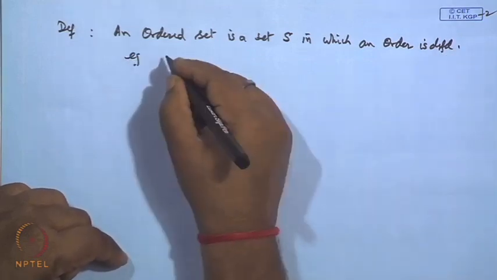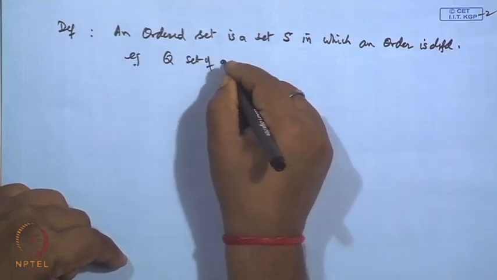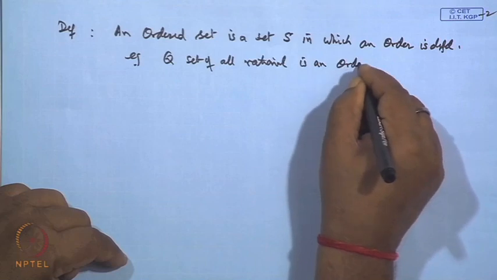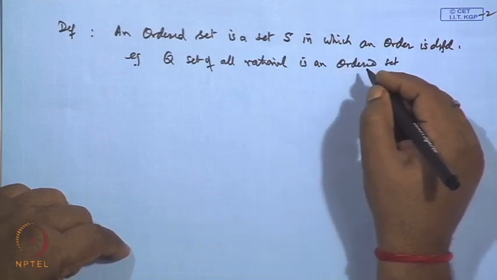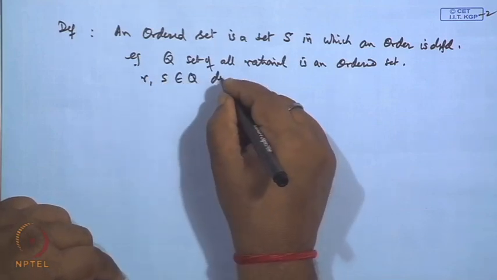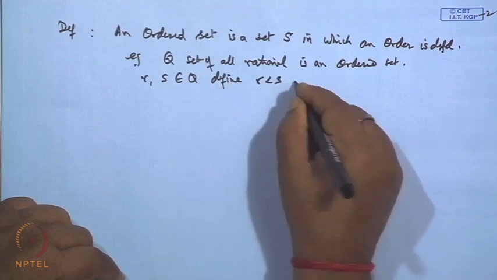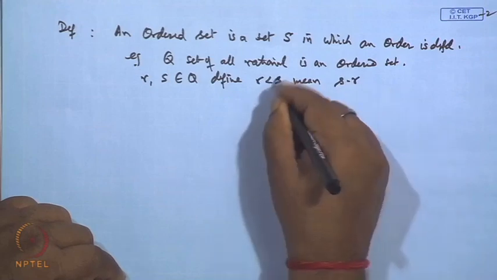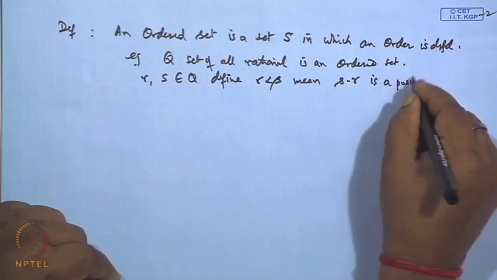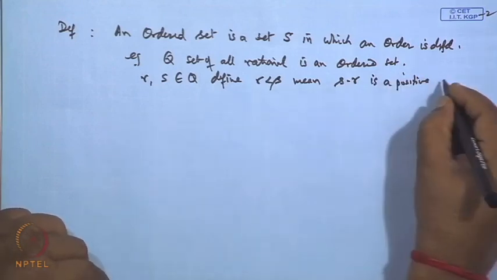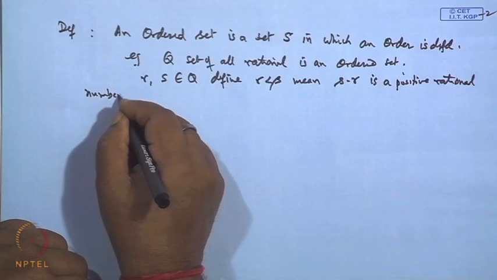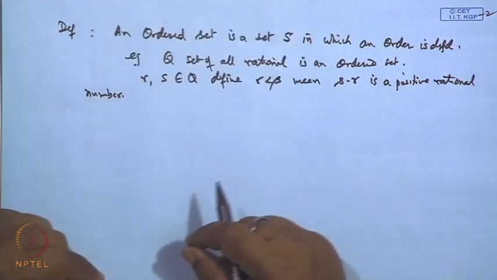For example, the set of all rational numbers is an ordered set, because if we take r and s, suppose these are two rational numbers, and define the relation r is less than s to mean s minus r is a positive rational number, then obviously it will satisfy these two properties which we have stated.